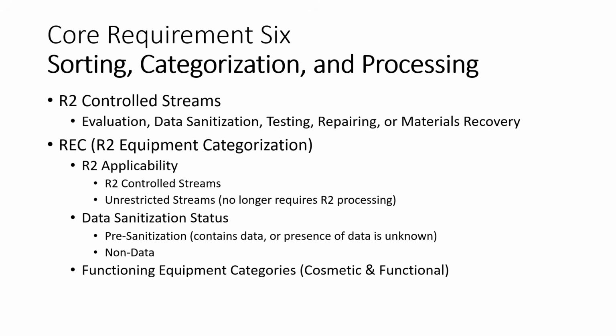This is a big one, guys, as different types of controlled streams will warrant different levels of care and protection through management. So this is also where the REC comes into play, or the R2 equipment categorization document.